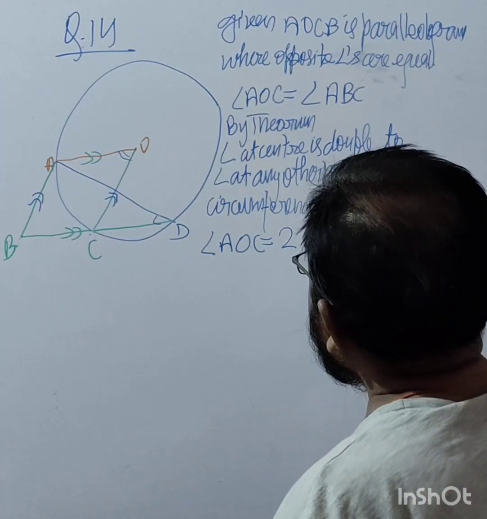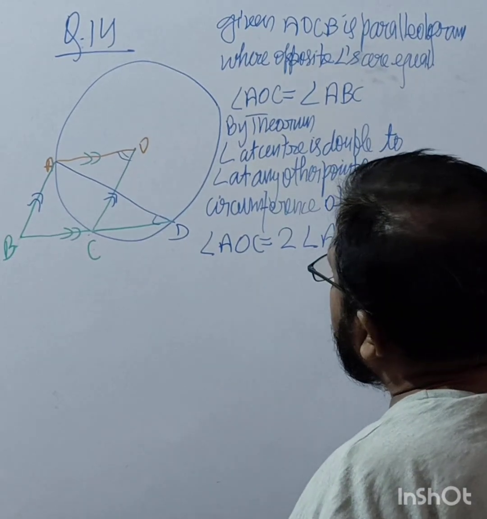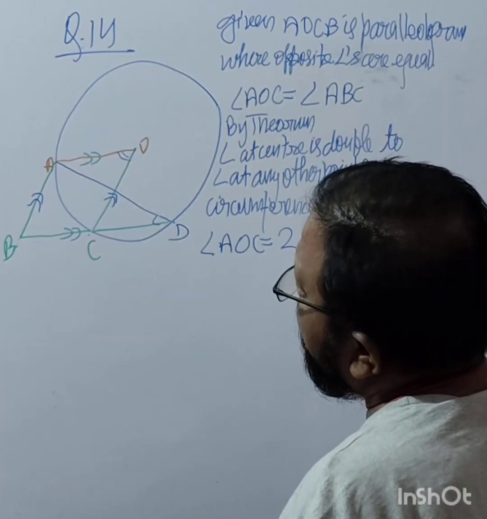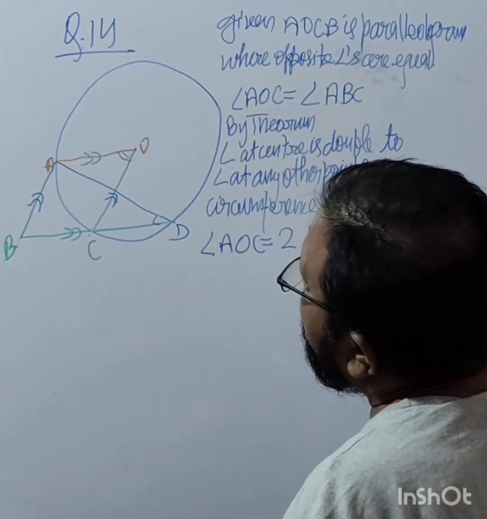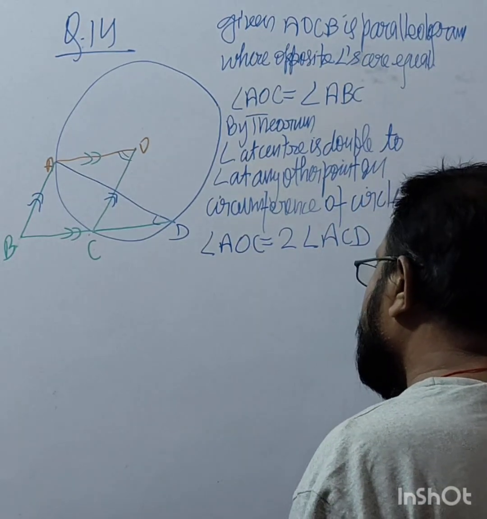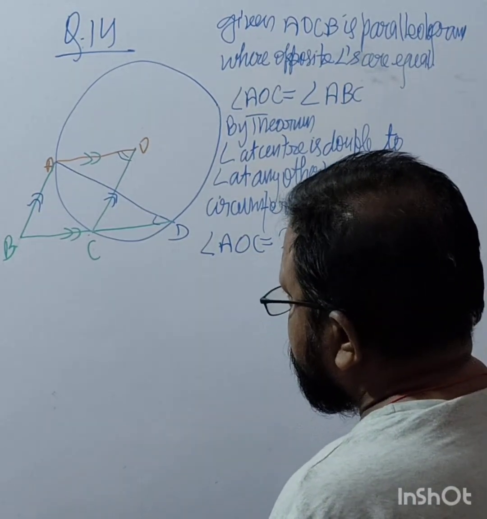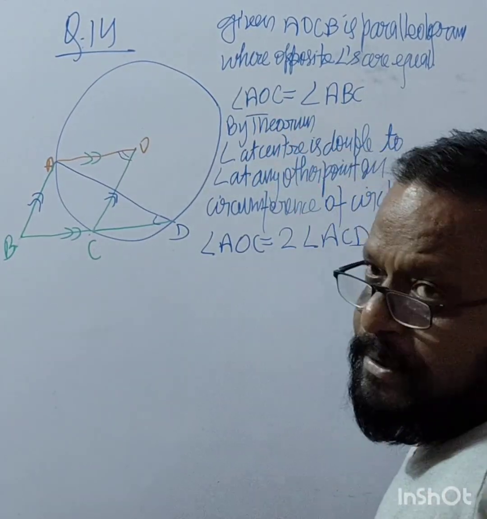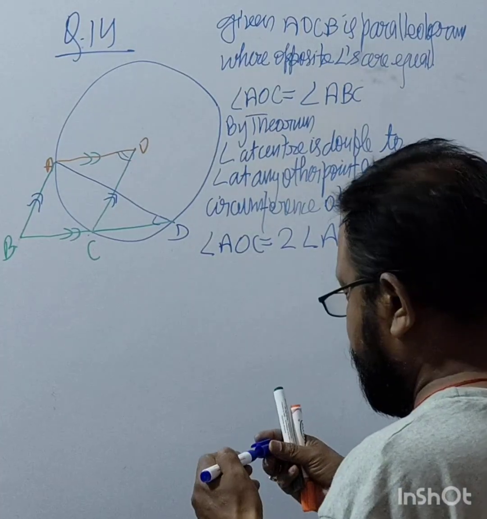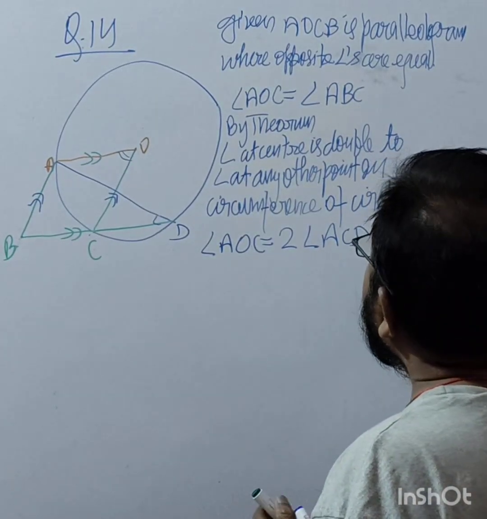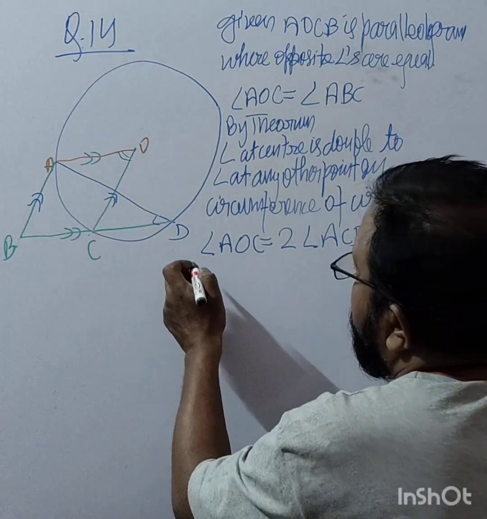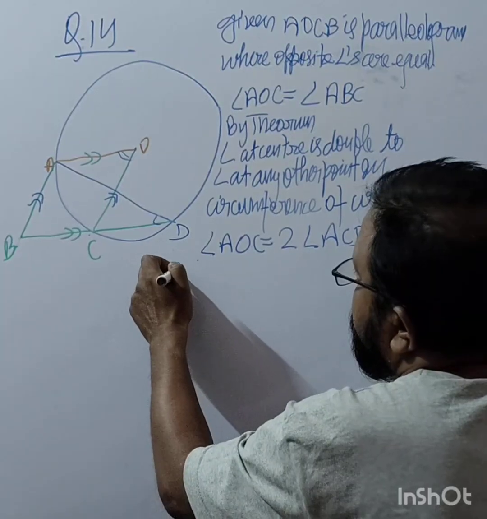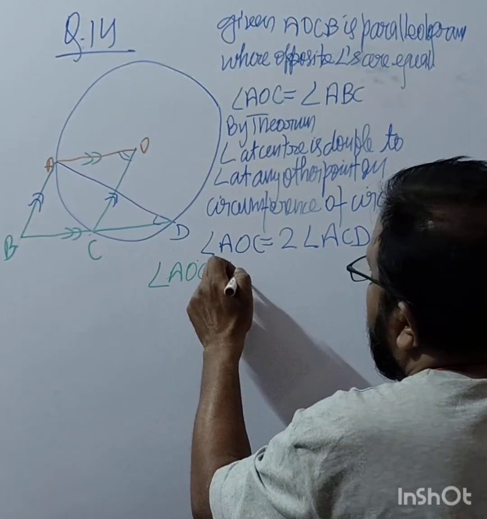And what we have to prove here? Angle ABC is equal to 2 angle OAD. Right? Angle AOC is equal to ABC, na? As you have written here, angle AOC is equal to angle ABC.